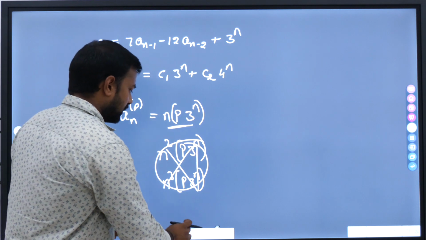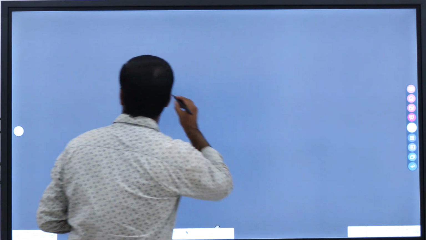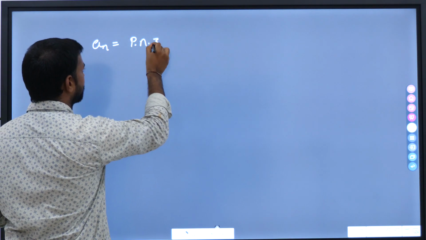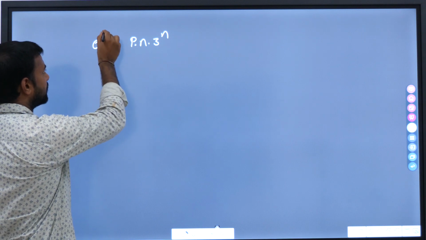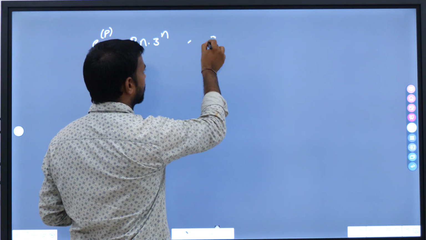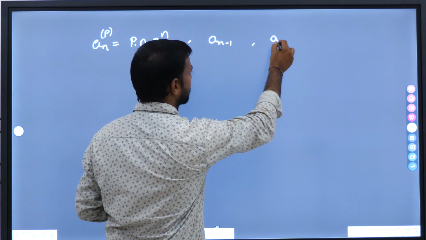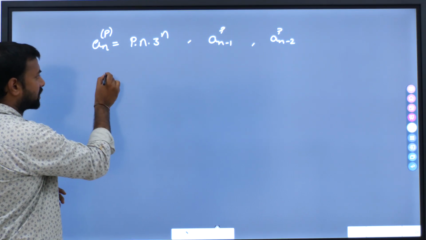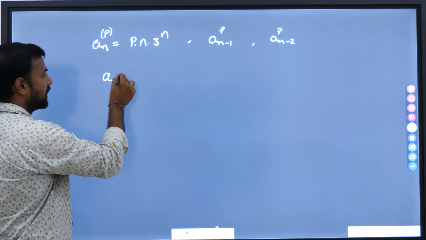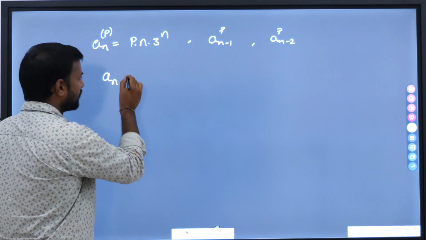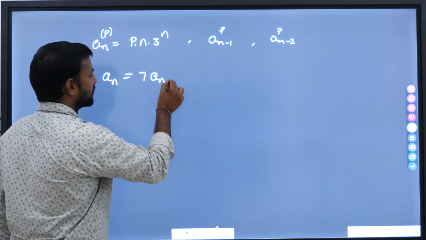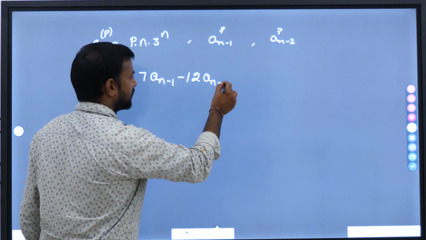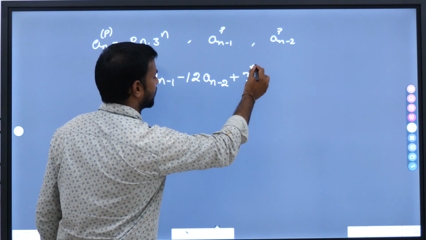Right. So now let me take a_n equal to, that is, p n into 3 power n, right? And you can easily find what a_(n-1) and a_(n-2) are. Right? Now you substitute this entire expression in the given equation, that is, a_n equals 7 a_(n-1) minus 12 a_(n-2) plus 3 power n.